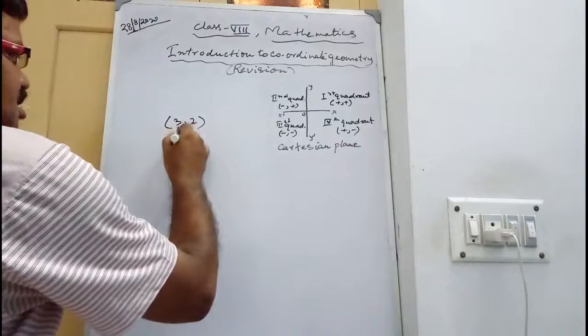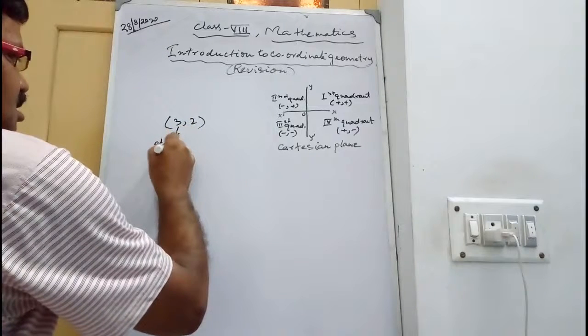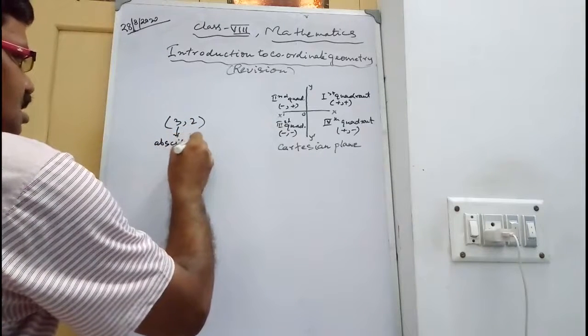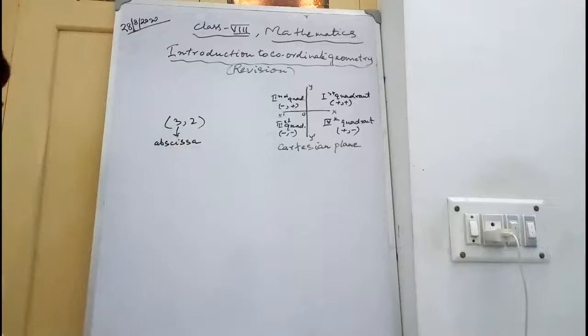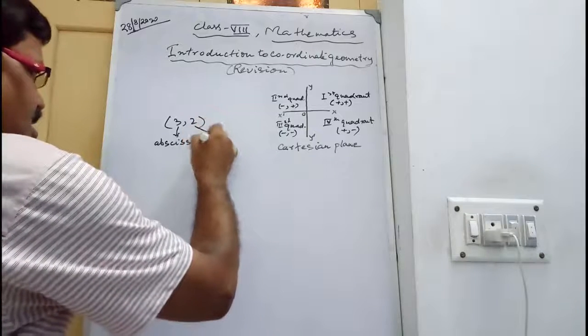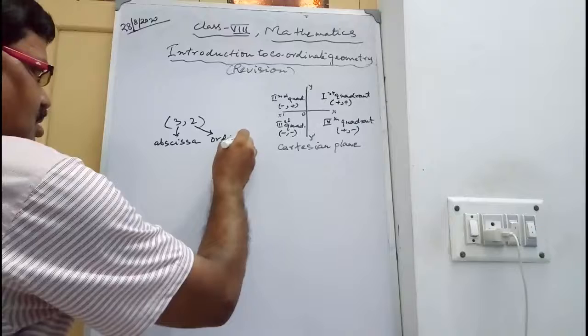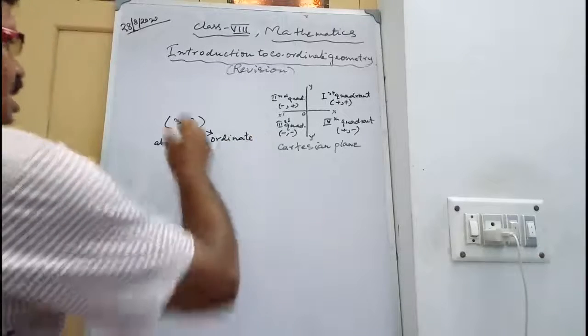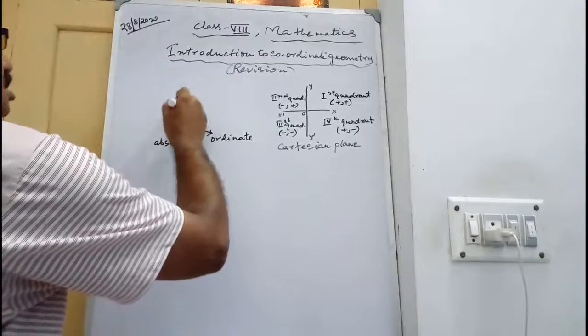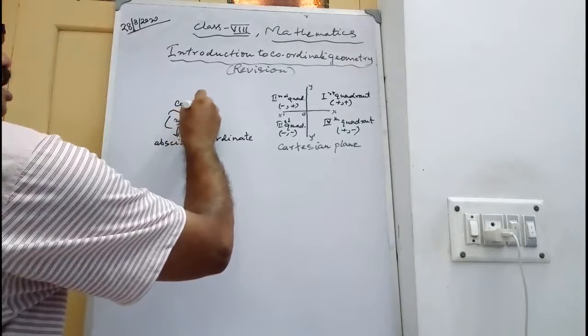So this one is known as abscissa. Value of y is known as ordinate, and this total is known as coordinate.